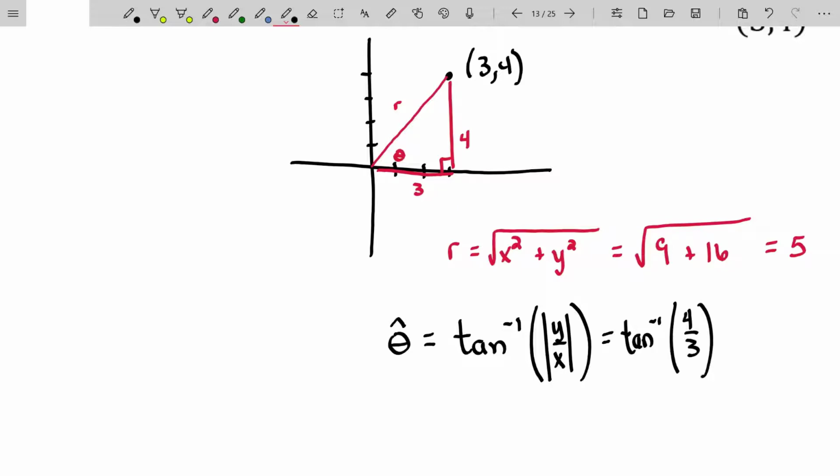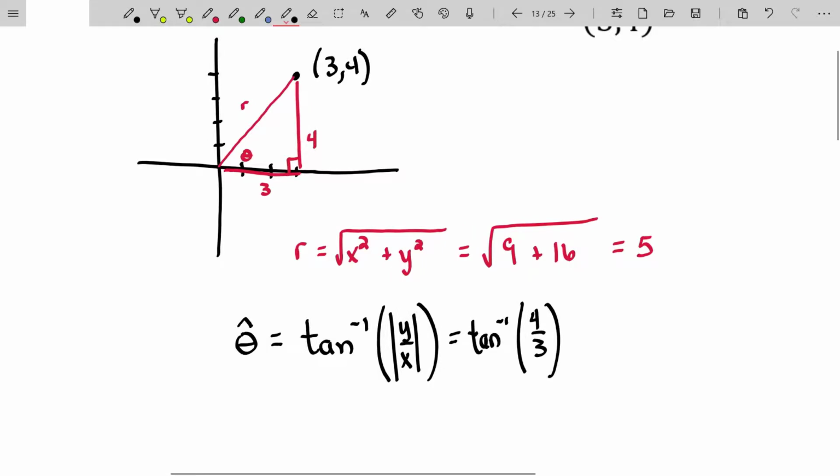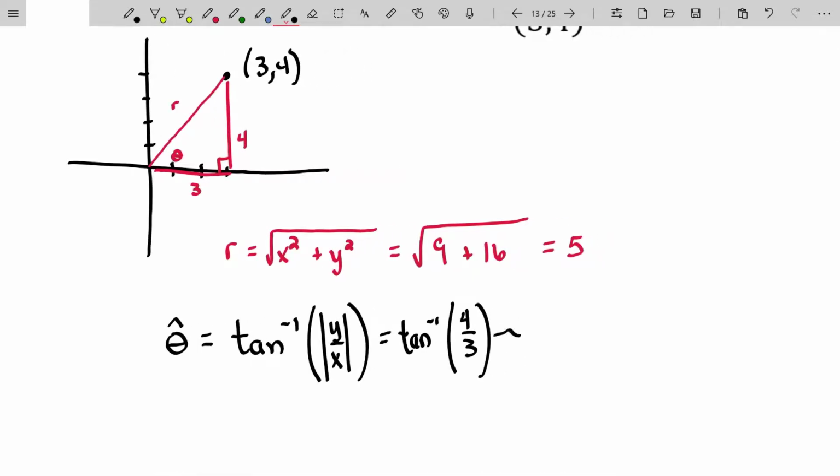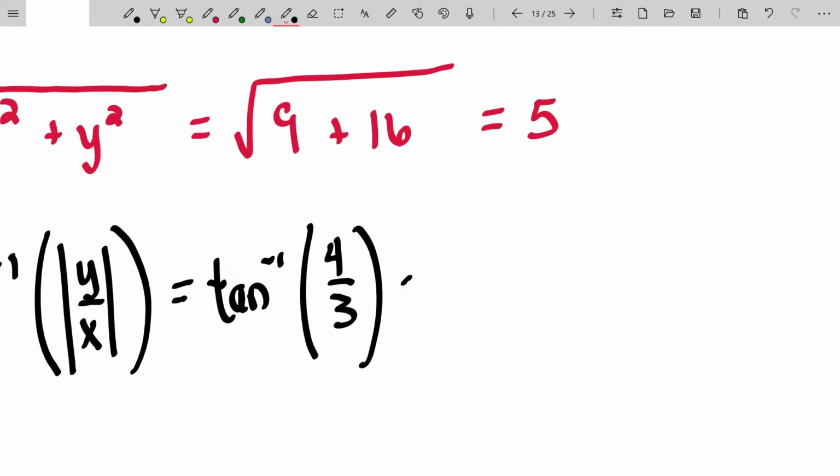This is not going to be a special ratio, so you're going to have to grab a calculator. If you punch into that calculator tan inverse of 4/3, you will get an output of 53. I'll just round to the nearest tenth. So roughly 53.1.